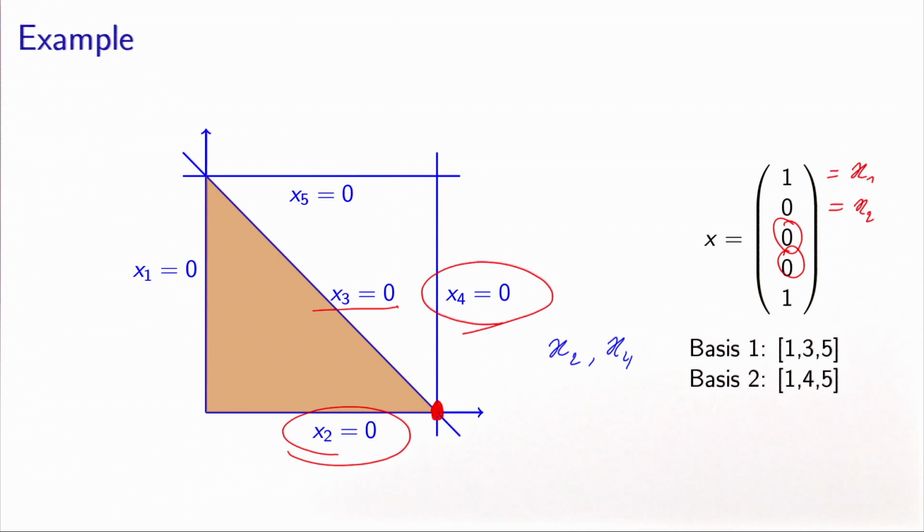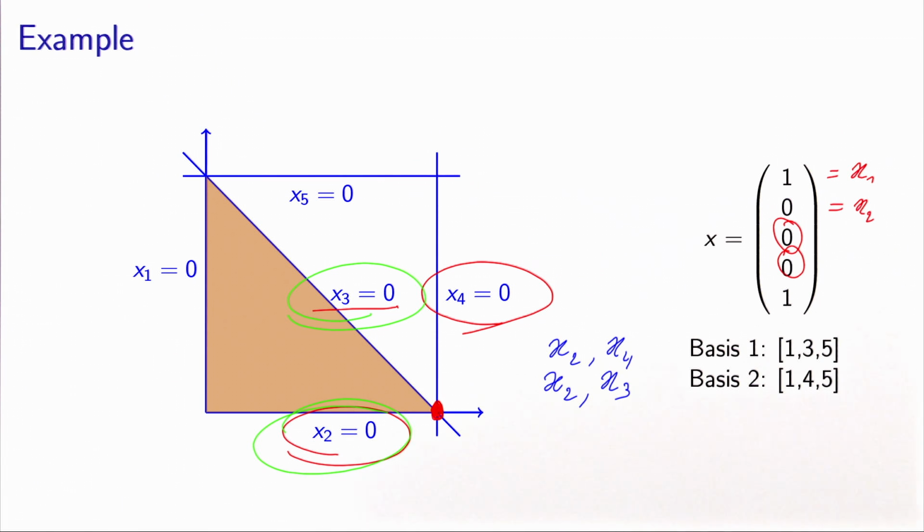And now if you look at the second basis, the two variables which are out of the basis are x2 and x3. So it means that in this case, I have decided to activate x2 again, but now I have decided to activate x3 equals 0.